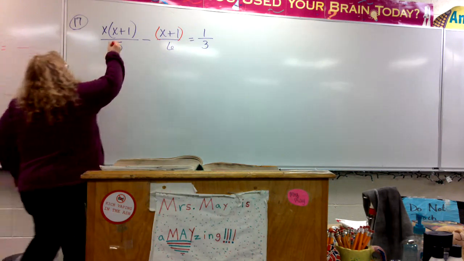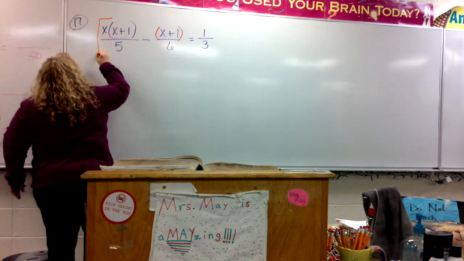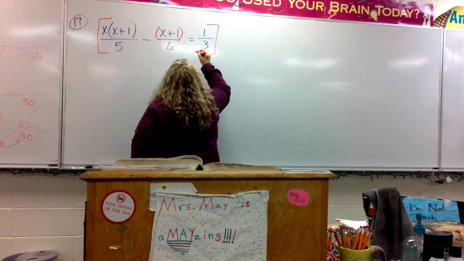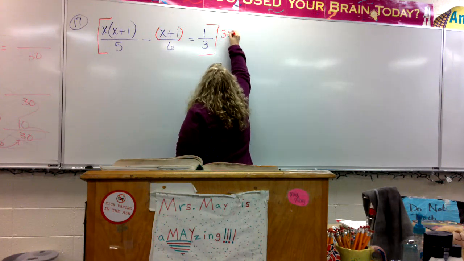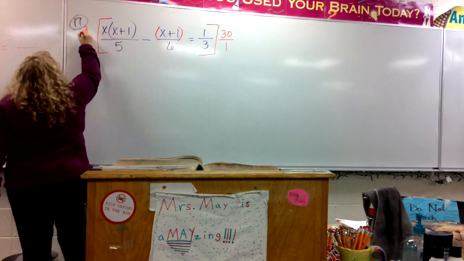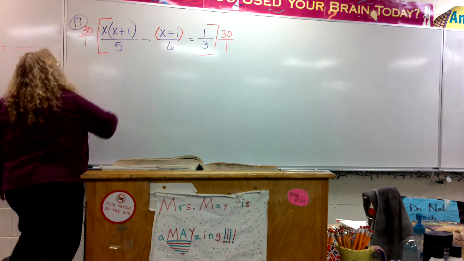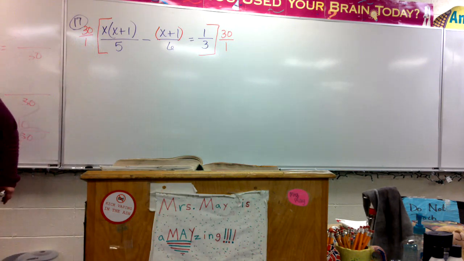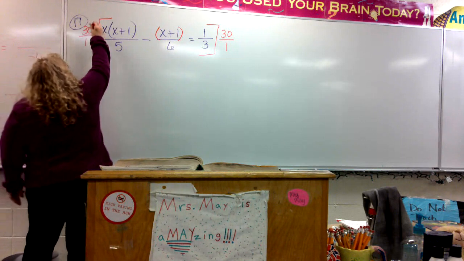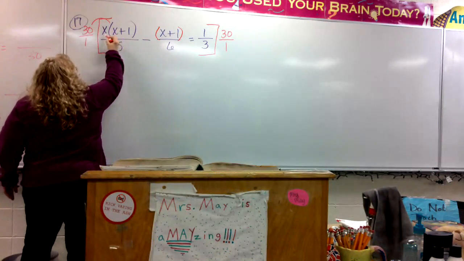30. So whatever the common denominator would be, we're going to take that number and multiply both sides by 30 over 1. Whatever the common denominator is, we're going to do that over 1, multiply both sides by it. So watch what happens. And I'm not really going to multiply this out yet.